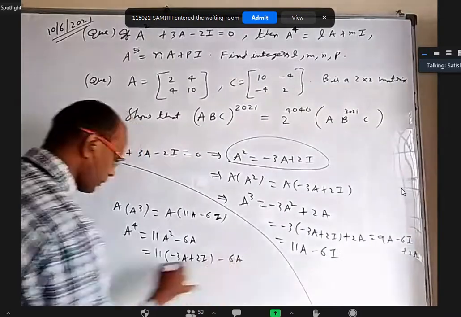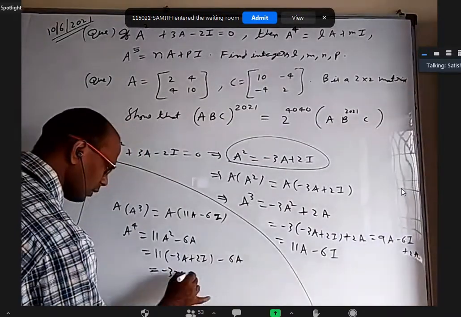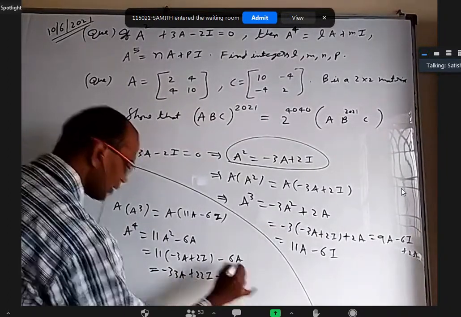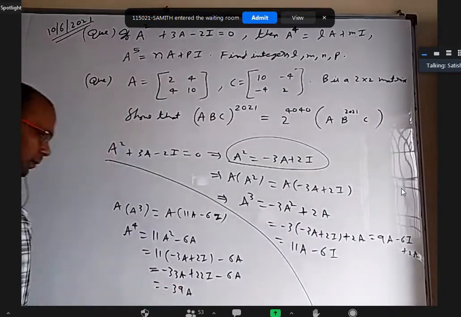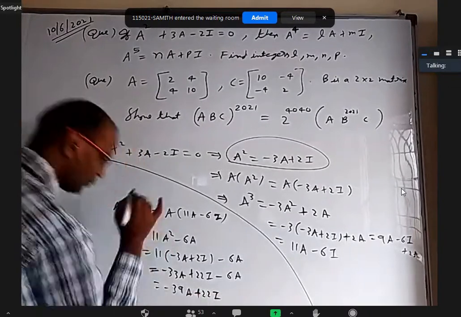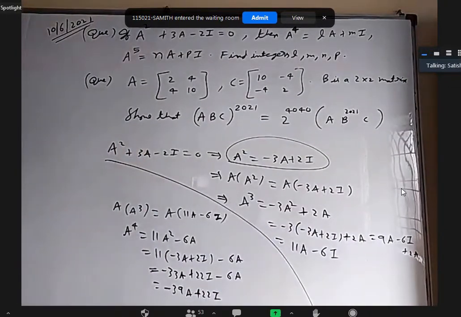Minus 6A. This is minus 33A plus 22I minus 6A. I think minus 39A plus 22I, quite big numbers. So L is minus 39 and M is 22. Yes.